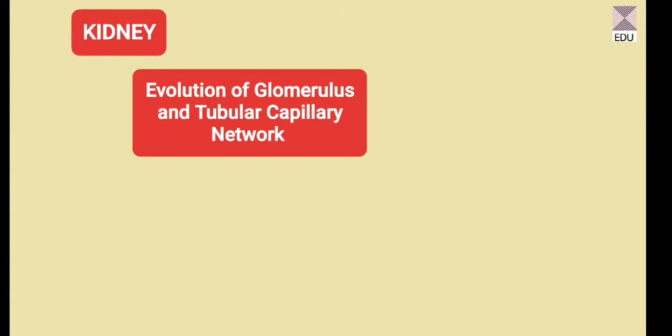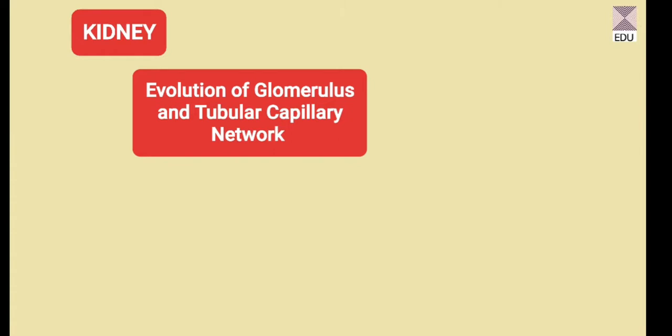At that time, the peritoneal funnel of the renal tubule was totally lost, and there was no connection of the renal tubule with the splanchnocoel or the coelom of the animal. So these are the four major categories or stages of the formation of the glomerulus.